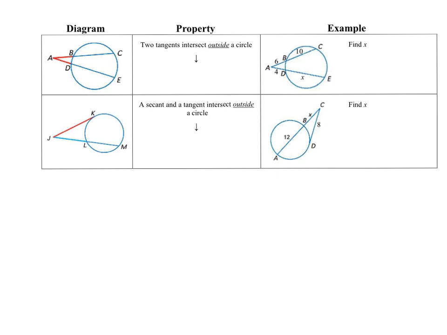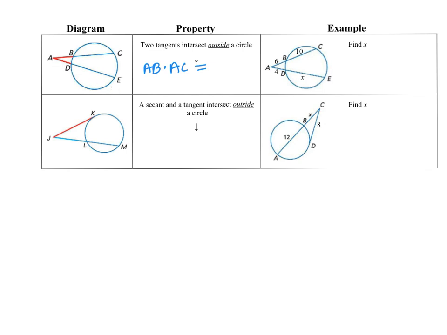And what we're going to do actually is look at the part outside the circle and multiply it by the measure of the entire secant. So in other words, we're going to take AB, which is the outside part, times the entire secant, and it turns out that that product will be equal to the other, if you look at the other secant, the measure of its outside part times the measure of its entire secant.